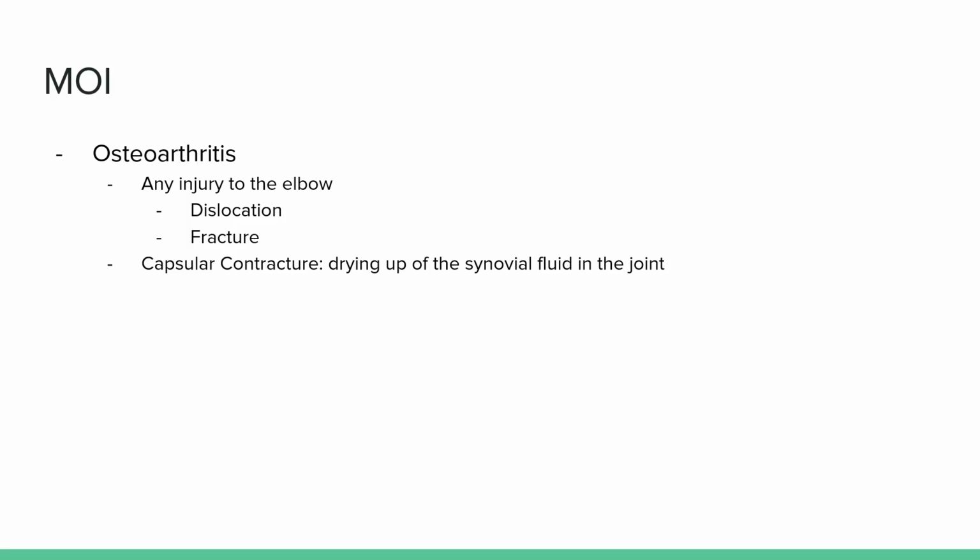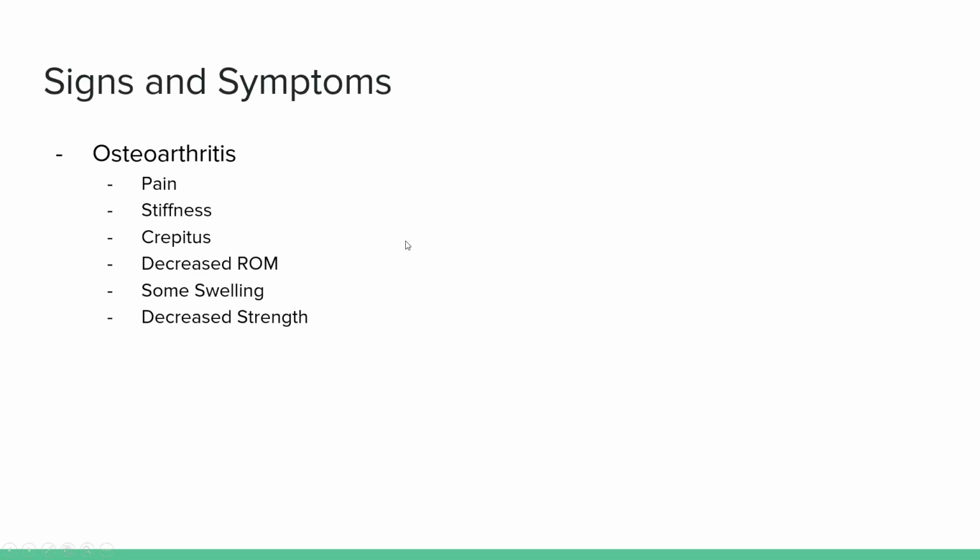A capsular contracture, which is a drying up of the synovial fluid in the elbow joint, can cause osteoarthritis. Some signs and symptoms would be pain, stiffness, crepitus, decreased range of motion, a little bit of swelling, decreased strength, and I'm pretty sure there will be a decrease of sensation possibly.